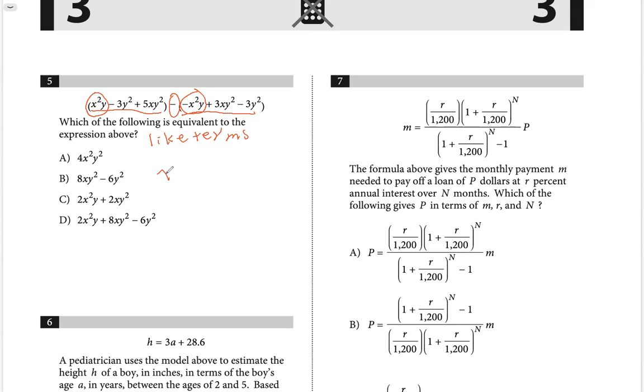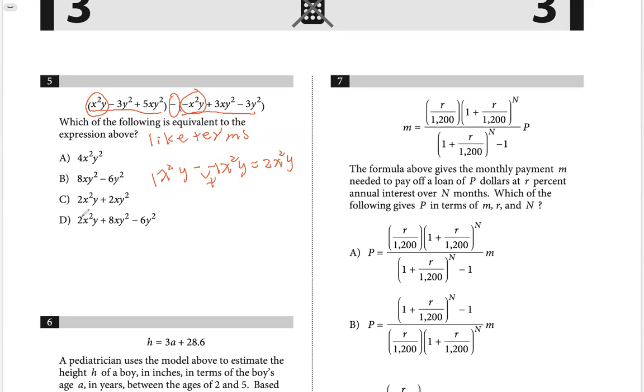I have x squared y minus negative x squared y. Well, minus negative equals plus, right? So there is a 1 by default in front of each. So 1 plus 1, so we have 2x squared y.